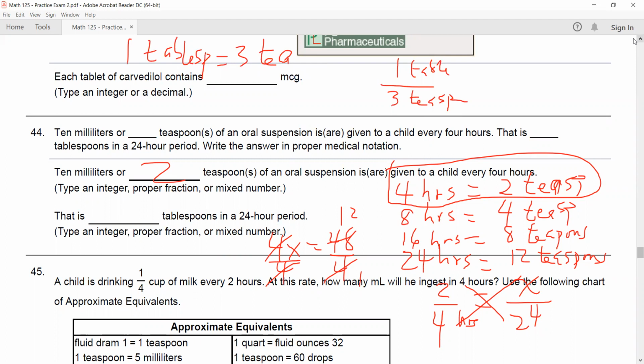Now this should equal, remember, we've got from here in a 24-hour period, we have 12 teaspoons. So this is what I do. The bottom is going to be 12 teaspoons, T, over X tablespoons.